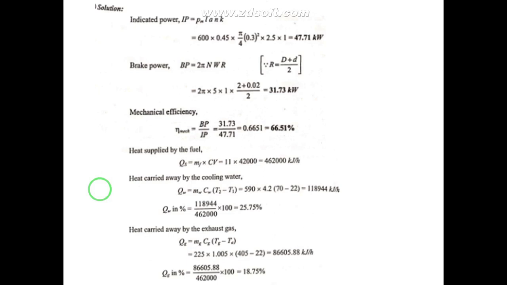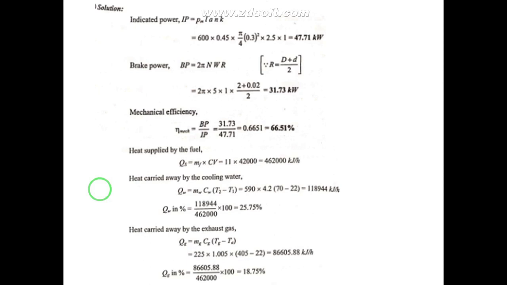The formula is Qw equals mass of water into Cp of water into temperature difference, where T1 is the temperature of the cooling water inlet and T2 is the temperature of the water leaving. T1 and T2 are given or observed from the engine.